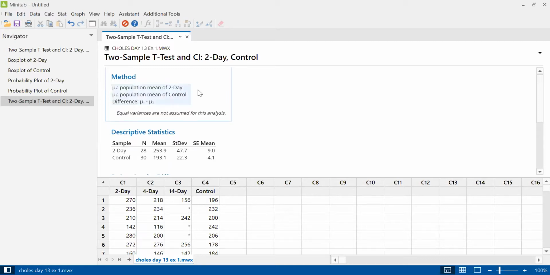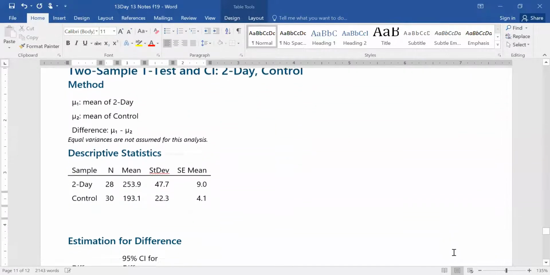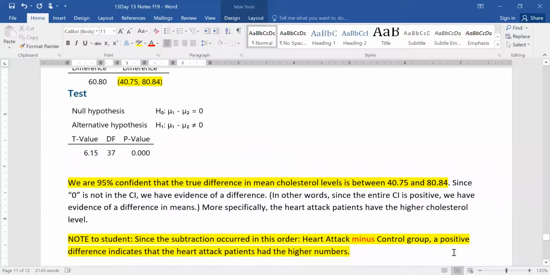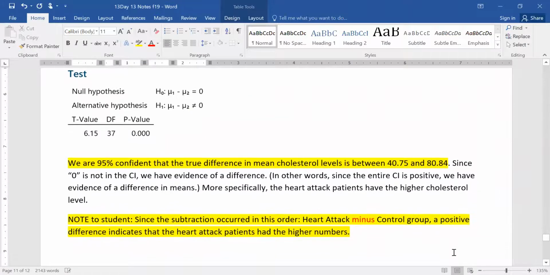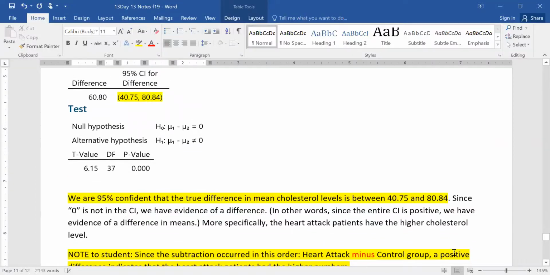So that means that 2-day is greater than the control. So it is showing what we were thinking, that heart attack patients do have a higher cholesterol level. Okay, and you can see the full write-up here. You can see everything, and we talk about the order of subtraction.